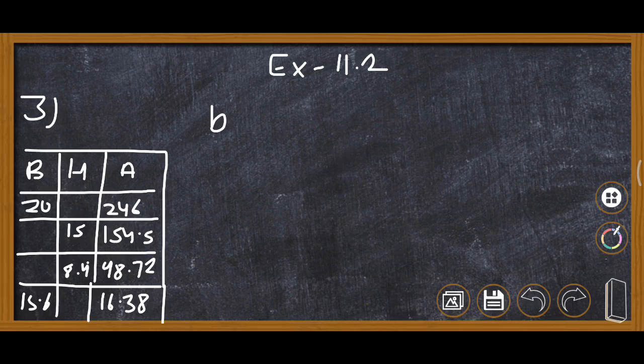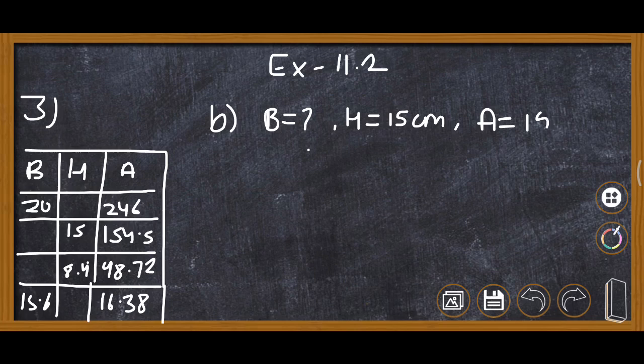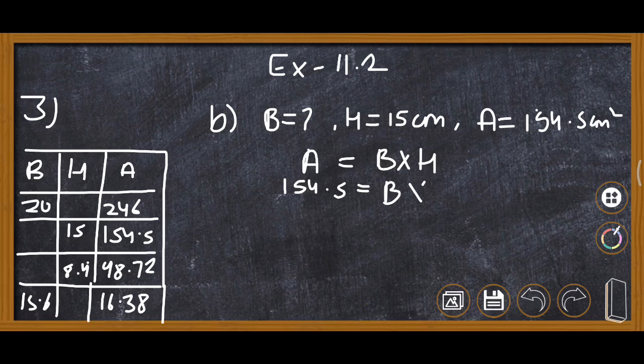Now this is the B part. Here base is not given, so base equals question mark. Height is given, this is 15 centimeter, and area is 154.5 centimeter square. So we know that the area of parallelogram is base into height. So area is 154.5 and base is not given, so in place of base we will write B, and in place of H we will write 15.